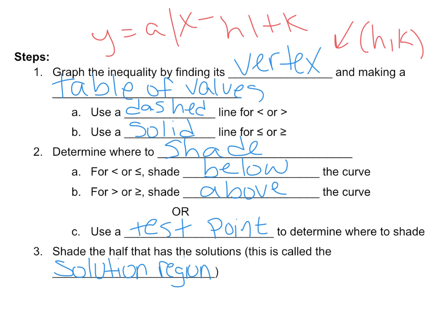So when we use the test point, if we get a true statement, we would shade the part that contains the point, and a false statement, the part that does not contain the point.